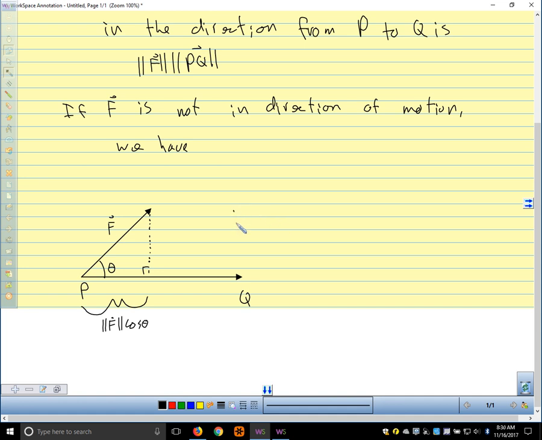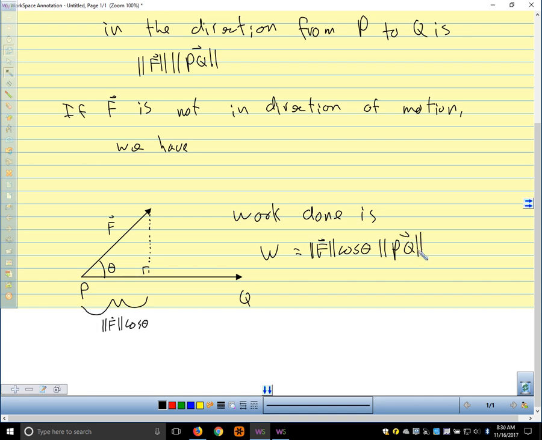So our work done, I'm going to say W, is the magnitude of F times the cosine of theta times the magnitude of PQ, the distance that we move along that vector.